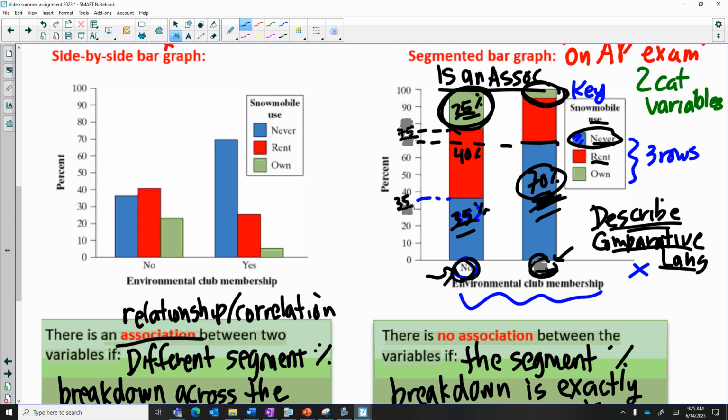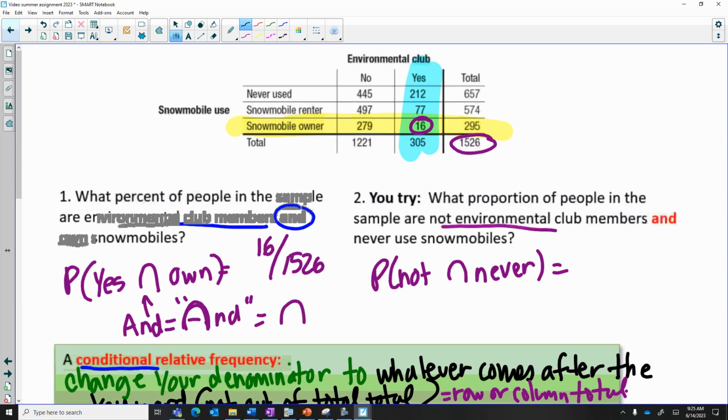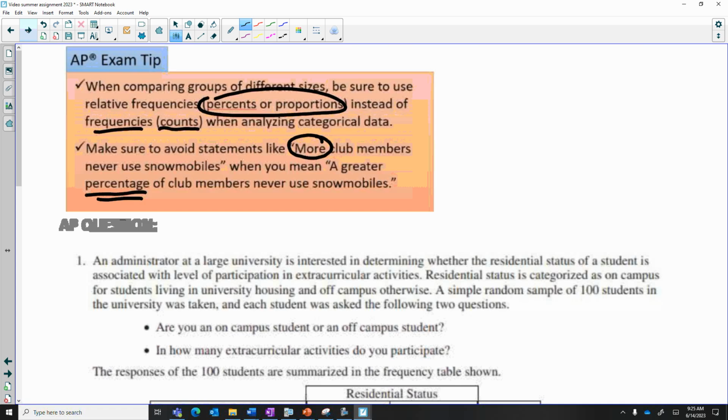But if you look back at the example on the previous page, the number amount is actually less in the yeses than the nos. 212 is actually less than 445, but when you do the percent breakdown, because it's out of a smaller total, it winds up being a greater percent. So don't use the words a greater amount. You have to say a greater percent or a greater proportion. That's really important, and that's what this exam tip is saying.